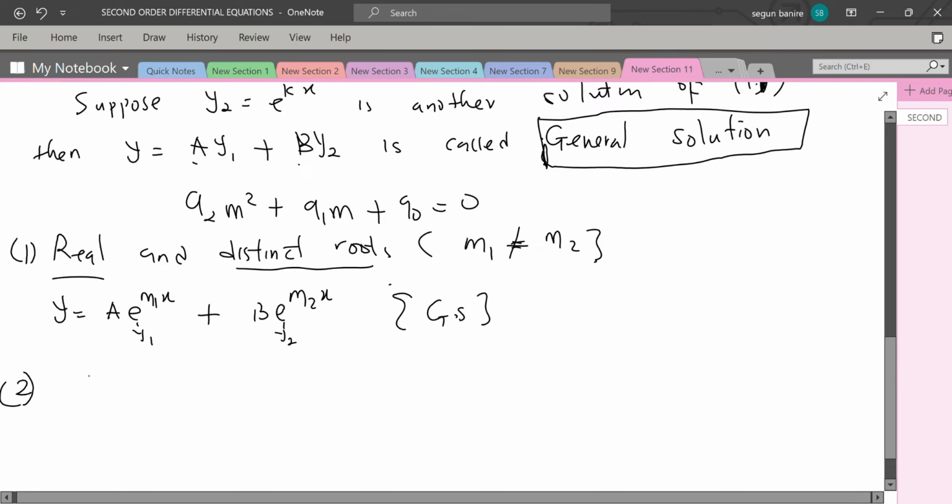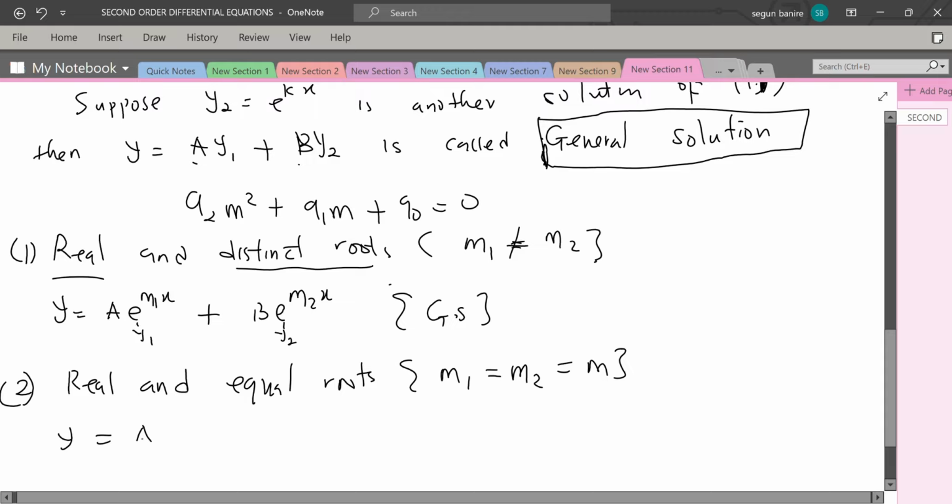Next, you have real and equal roots, that is, m1 equals m2. If they are equal, you can pick one, just say m. You don't have to say m1 and m2 again. If you still use the previous formula, look at what will happen.